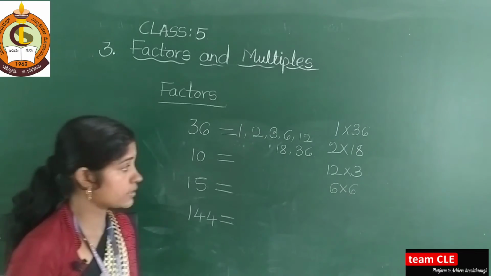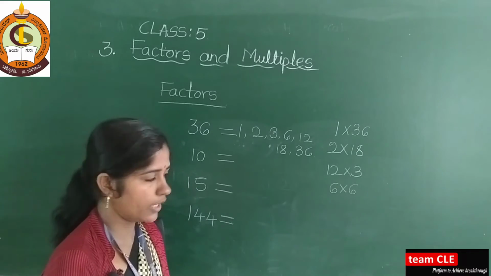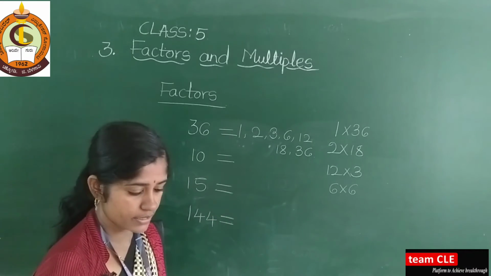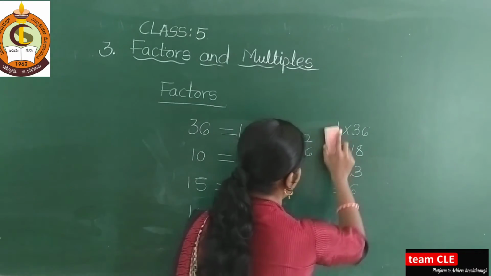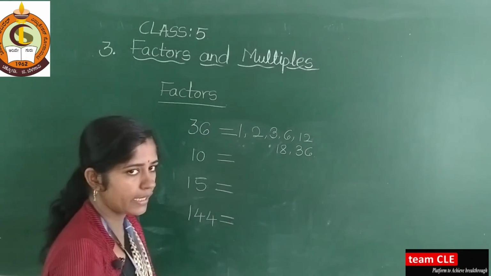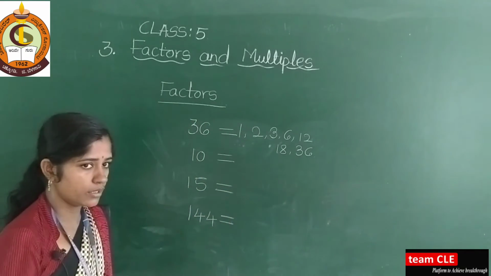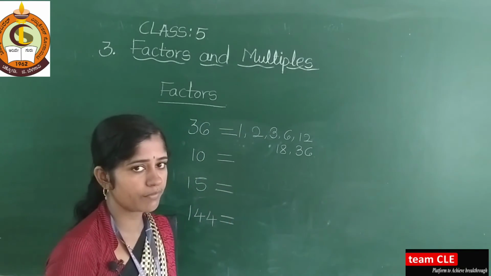Here dear students, you need to know tables compulsorily, then only you are going to solve these examples. I hope you know at least 2 to 20 tables. Next here 10 is there. See here, if the numbers are small, then you can find them easily.